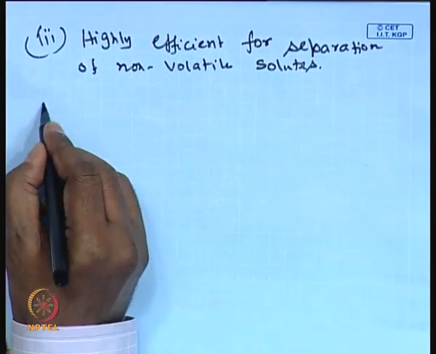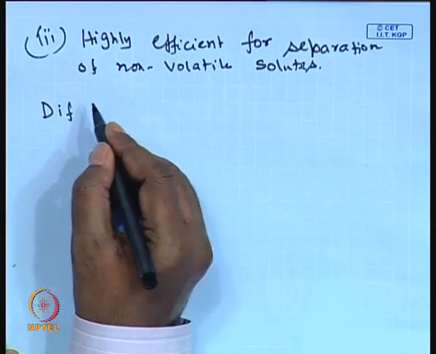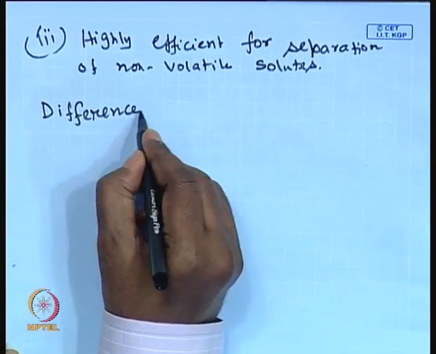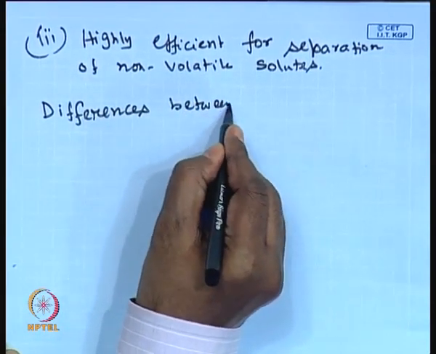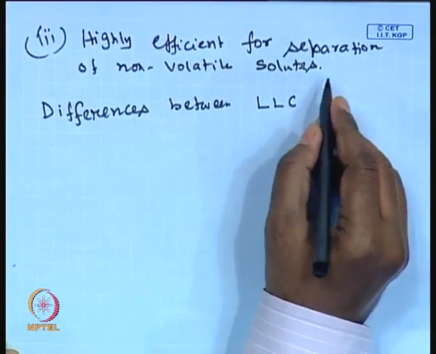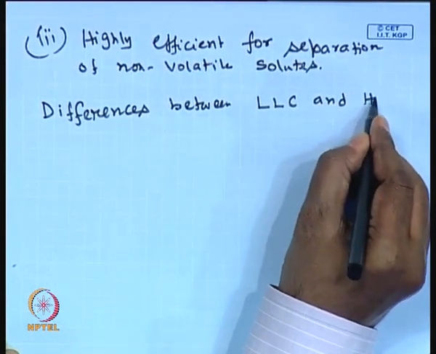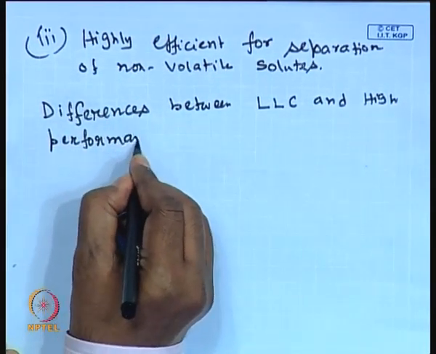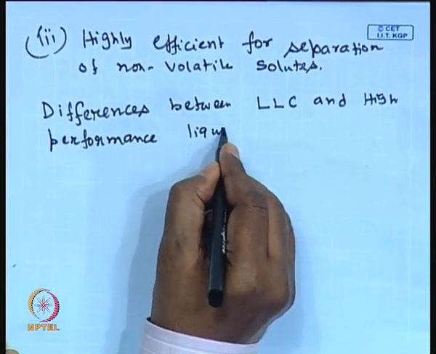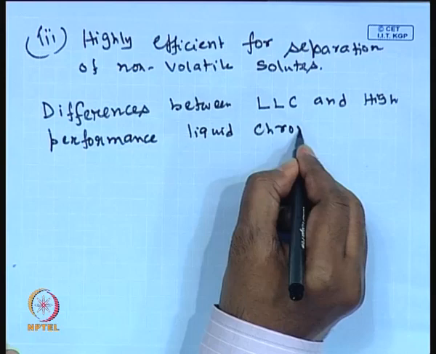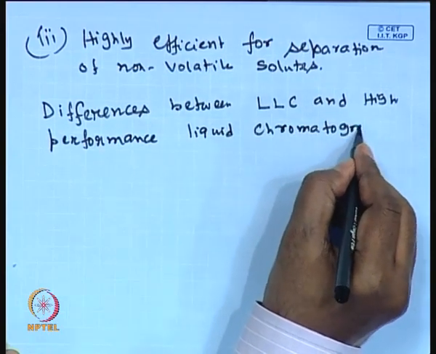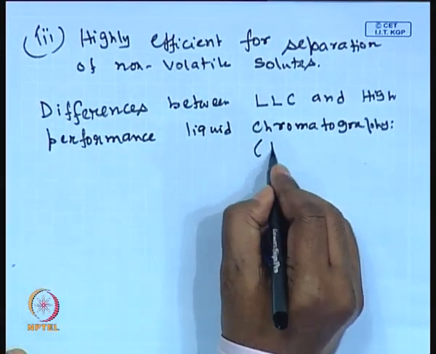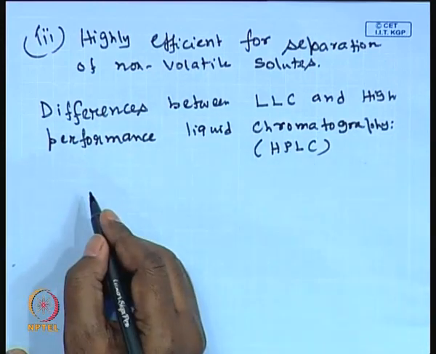Now, let us look into the differences between LLC and modern high pressure, high performance liquid chromatography, or HPLC. This high performance liquid chromatography, the other name in short, is known as HPLC.